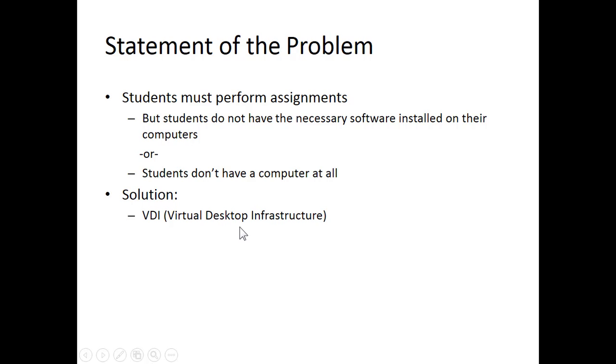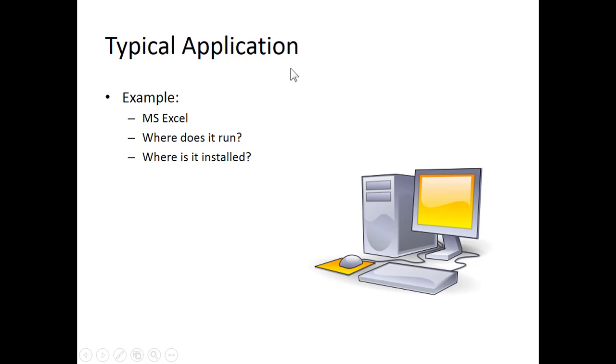But before we talk about virtual desktop infrastructure, let's just talk about the difference between a virtualized application and a typical application. Now, a typical application would be, for example, Microsoft Excel. Where does it run and where is it installed?